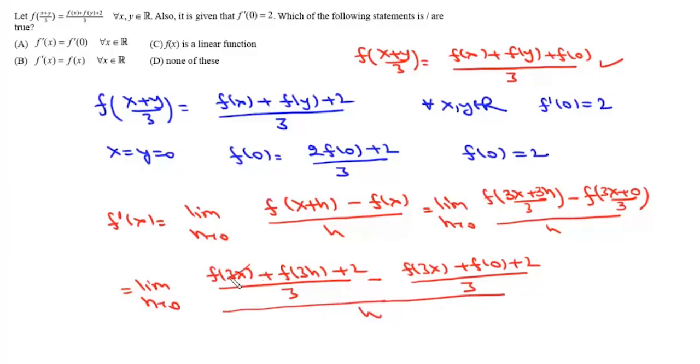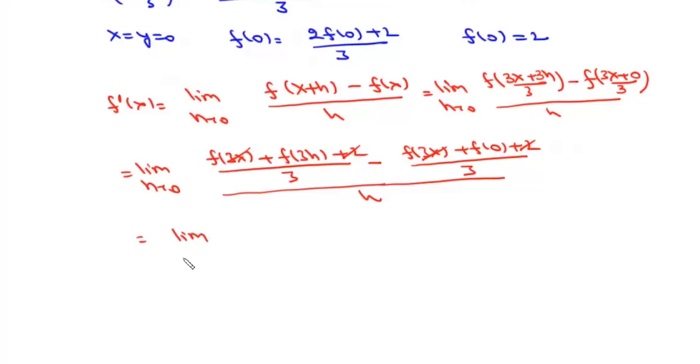Now f3x and f3x will cancel, and the 2 will also cancel. So we'll get this as limit h tends to 0 of f3h minus f0 upon 3h, which is simply f dash 0. And in the question, it is given that f dash 0 is 2.